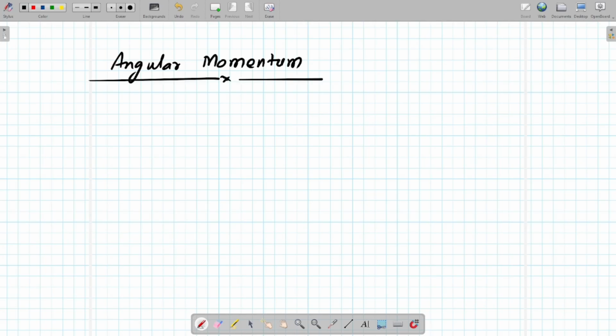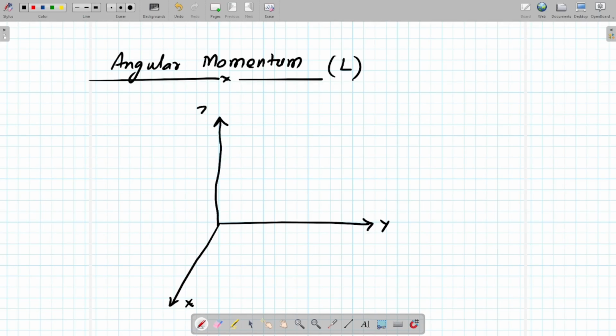Angular momentum is denoted by L, remember, of a body. Let us take it like that. Suppose this is my y-axis as usual, and this is the x-axis, and the vertical is the z-axis.